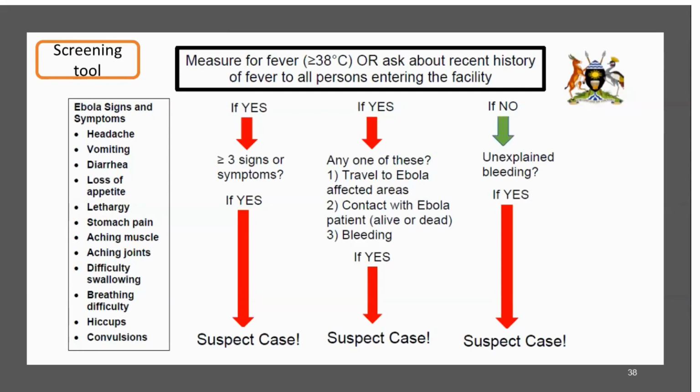And the KCCA expects, considering the population of the Kampala metropolitan area, 400 calls per day. In every 24 hours, KCCA expects 400 Ebola-related calls. That's the estimation by the WHO.